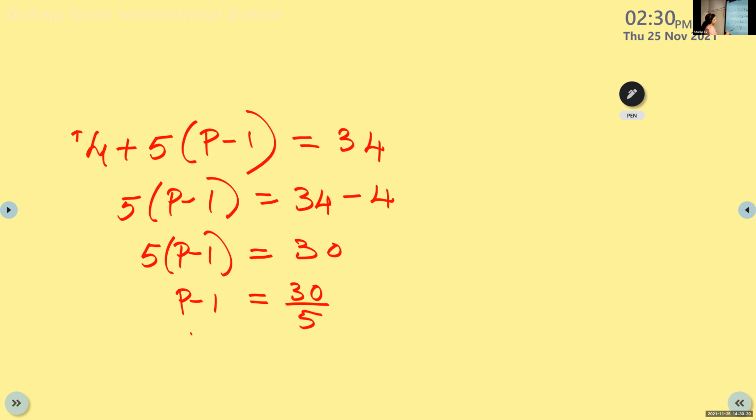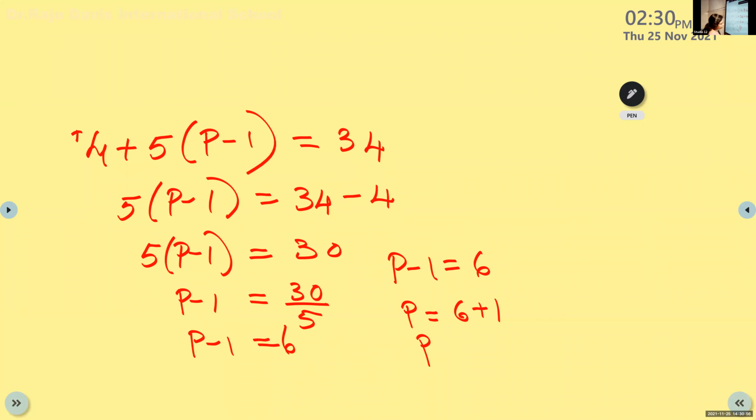So p minus 1 is equal to how much? 30 by 5 means what is the number? 6. So p minus 1 is 6, no? So what is p now? P is 7, because 6 plus 1.